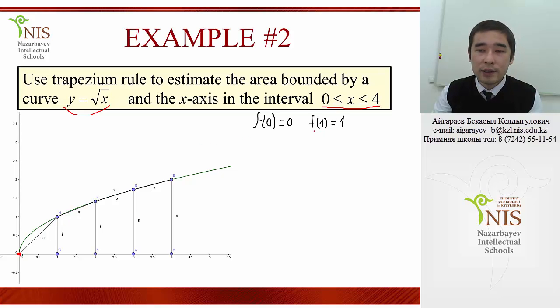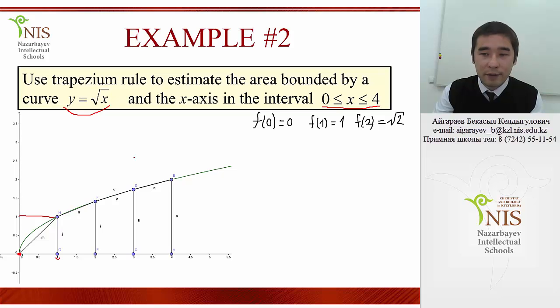And f of 1 is equal to 1. That's the point right here, which gives you 1. Of course, if you put here 1, square root of 1 gives you 1. f of 2 is equal to square root of 2. Of course, here it's 2. You put x is equal to 2, you get something that is less than 1.5. That's square root of 2.